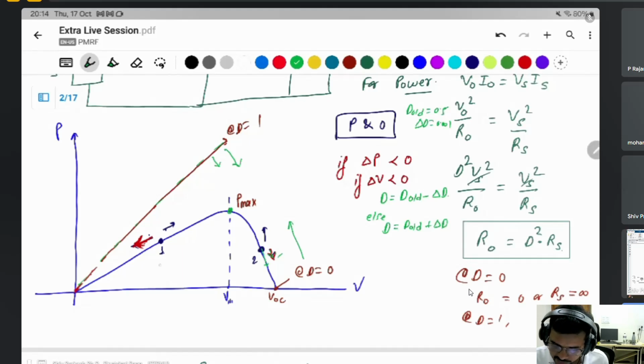Same thing, this was written for two conditions; the remaining two are there. Then you can write the same thing for these two also.